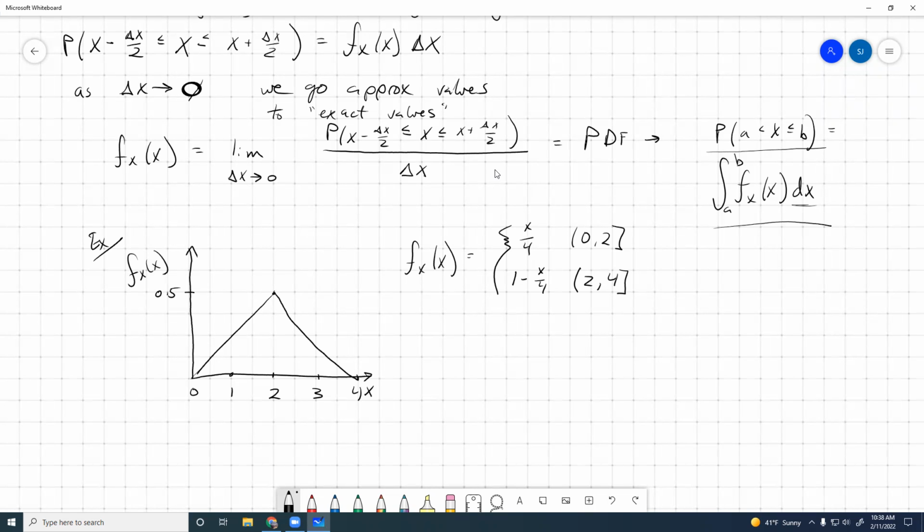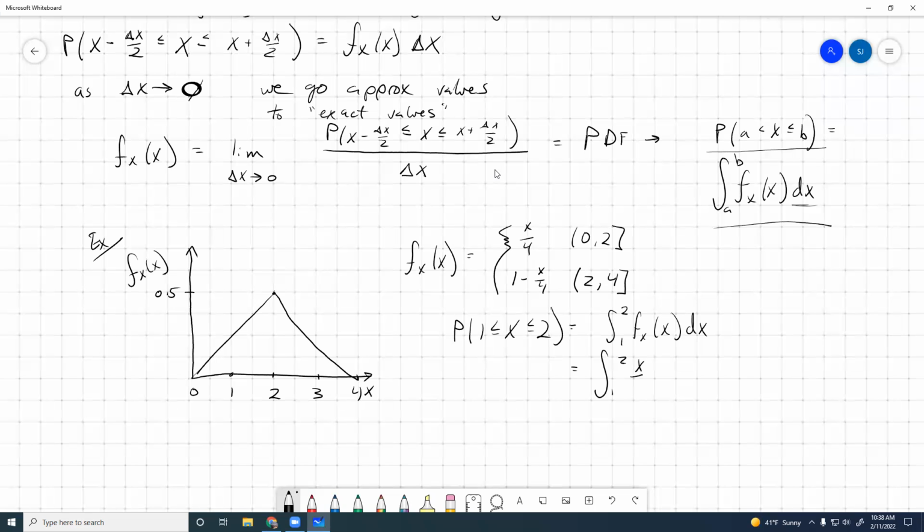So back to this example, if we want to know the probability that X is between 1 and 2, then we use that integral. We integrate our function from 1 to 2. We look at our function, and from 1 to 2, this is the one we're going to use.